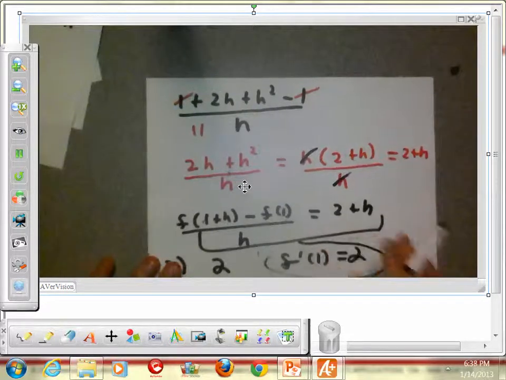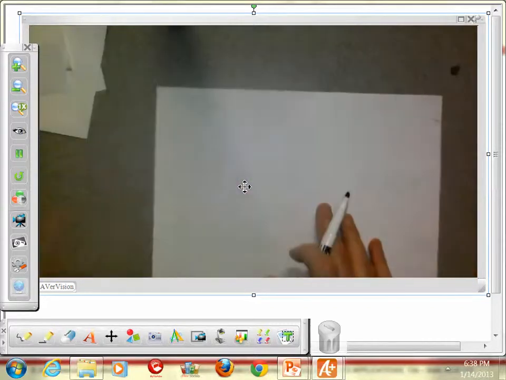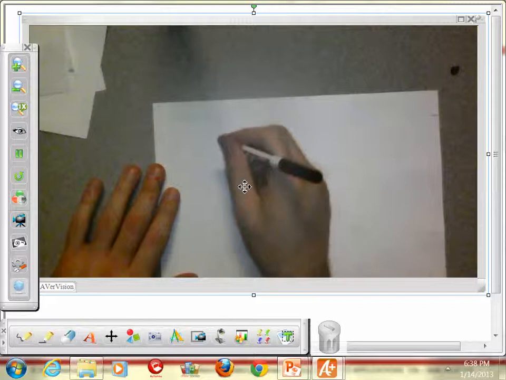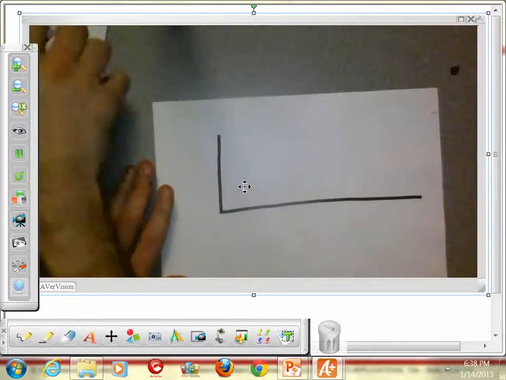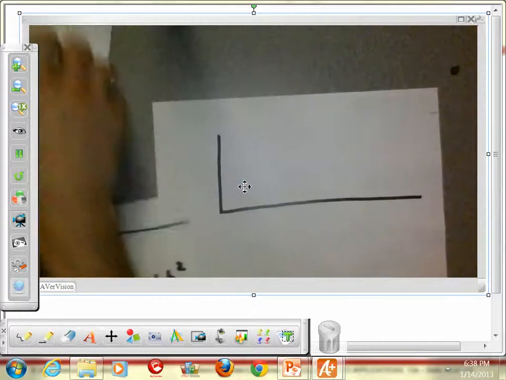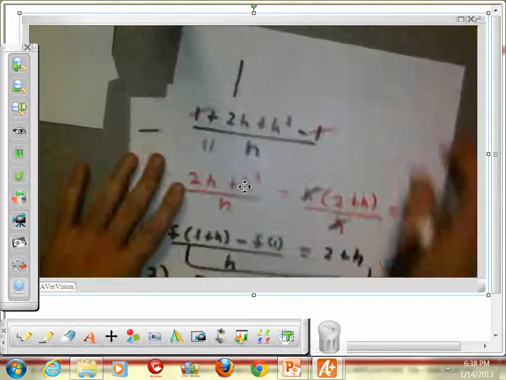So, again, where does this idea come from? Well, before I do that, we maybe want to check that this is correct.